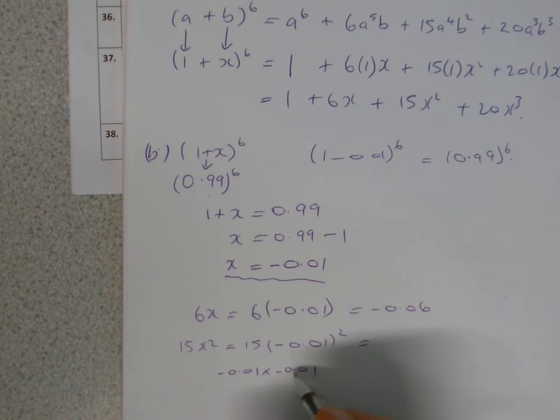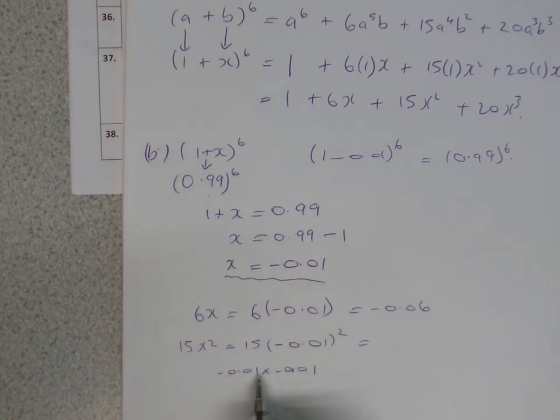The two minuses make a plus. When I multiply decimals, I work out the answer without the decimal points, so I imagine it as just 1 times 1, which is 1.